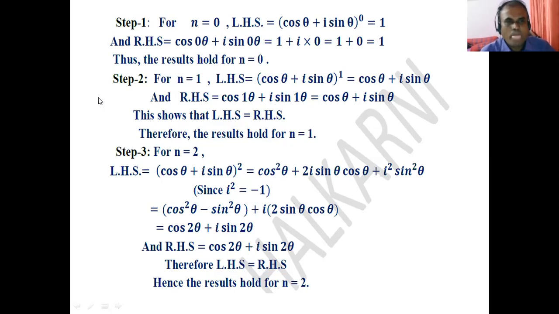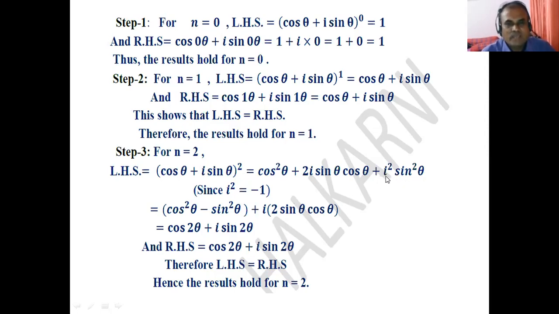Now step 3, for n equal to 2. Consider the LHS of De Moivre's theorem, (cos theta plus i sin theta) raised to n equal to 2, squared. Now we use the (a plus b) whole square formula here. So a squared means cos squared theta, plus twice ab means plus 2i sin theta cos theta, plus b squared, so i squared into sin squared theta.